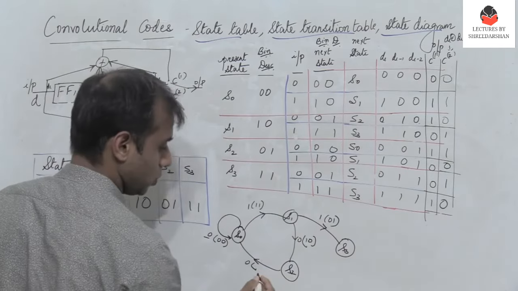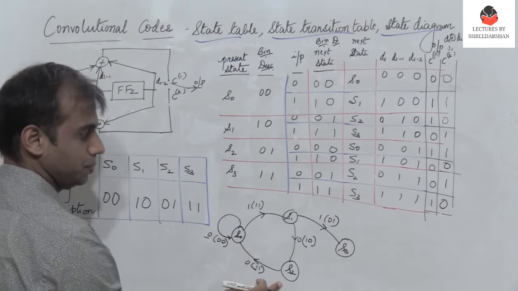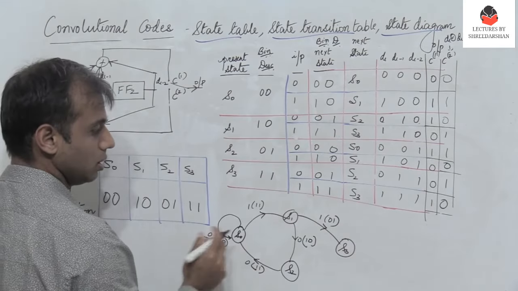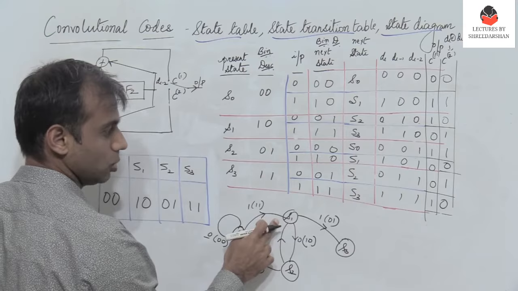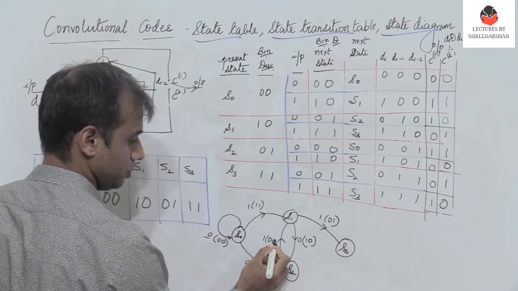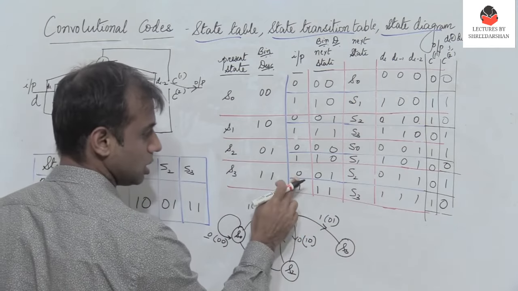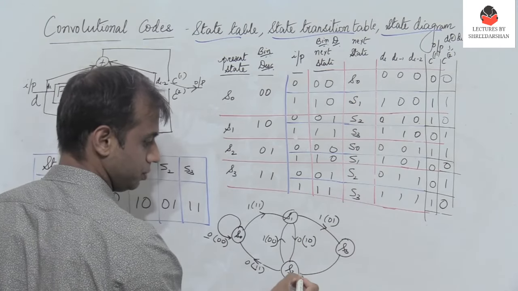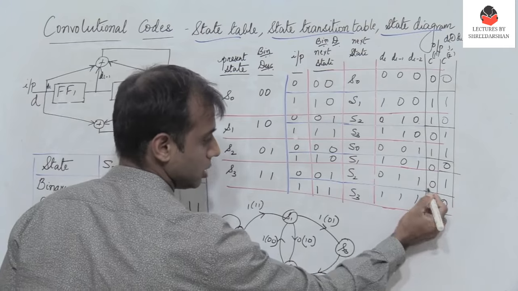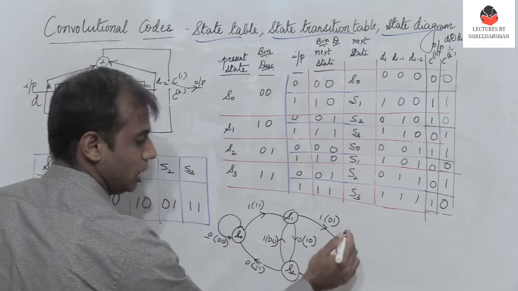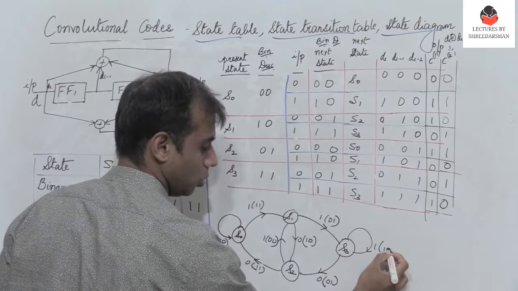The output is 1, 1. And if I am in S2 and the input is 1, I go to S1 with an output 0, 0. Now if I am in S3 and input is 0, I go to S2 with an output 0, 1. If I am in S3 and the input is 1, I remain in S3 with an output 1, 0.